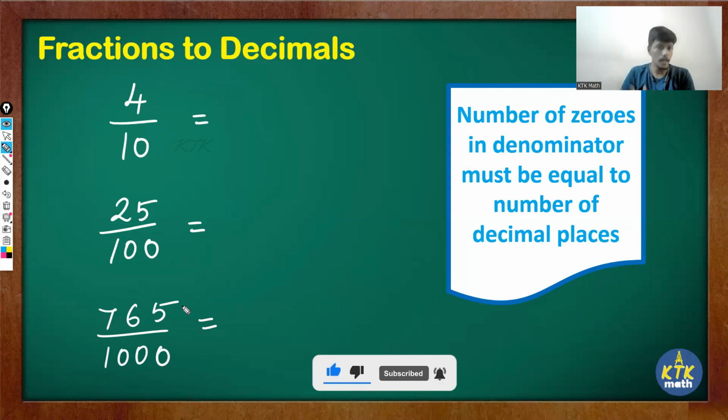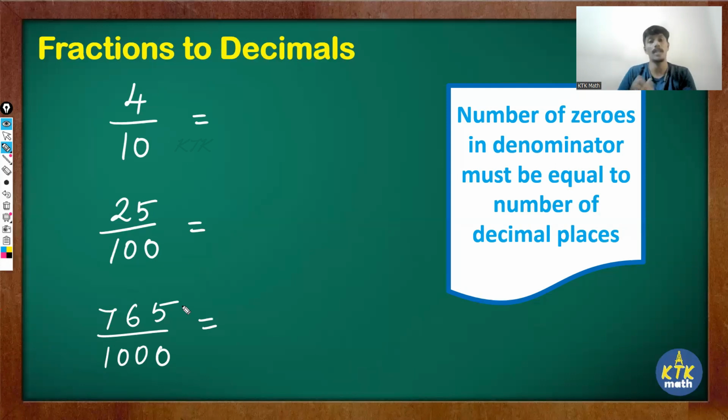Division is required only when you have any other number like divided by 3 or 5 or 8 or 7, any other numbers. That's the common method of converting fractions into decimals with the help of division. Here, whenever the denominator contains 10, 100 or 1000, this is the basic one.